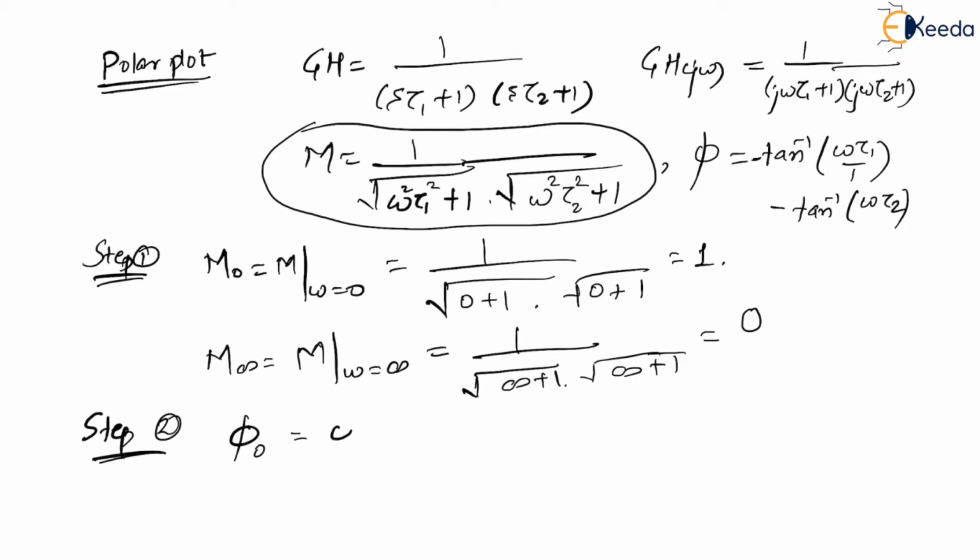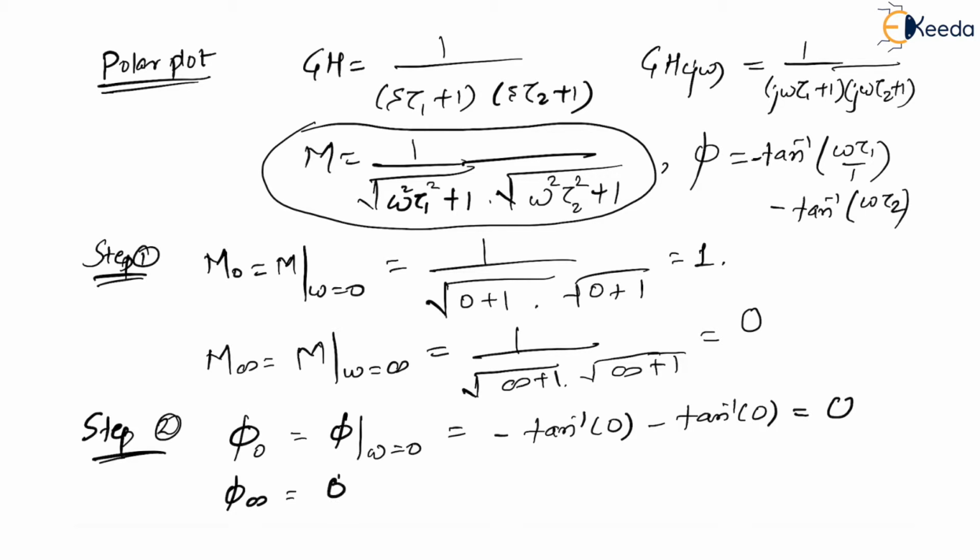What is phi 0, dear? Phi 0 is phi at omega equal to 0, which is equal to minus tan inverse of 0, minus tan inverse of 0, which is equal to 0, right? Then what is phi infinity?